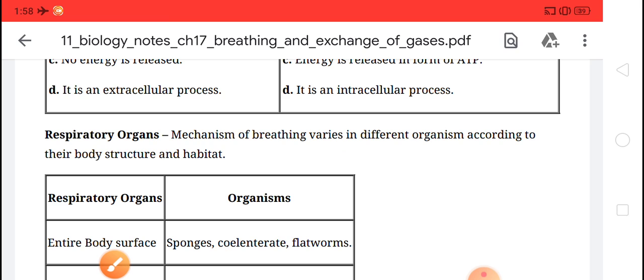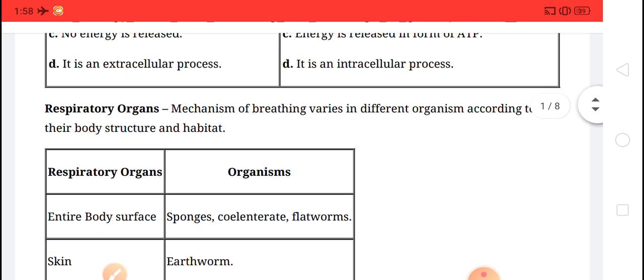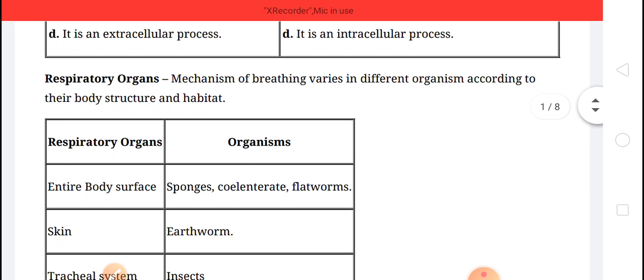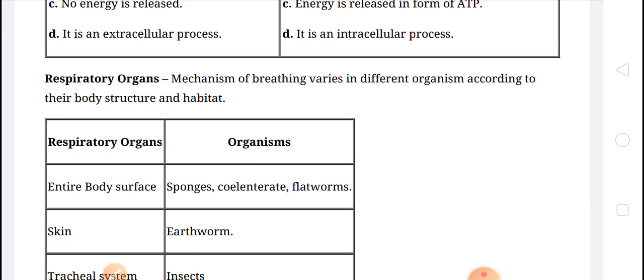Like lower invertebrates, that is sponges, coelenterates, flatworms. In these organisms, their entire body surface acts as the respiratory organ. By the process of diffusion, they exchange the gases through their entire body surface.